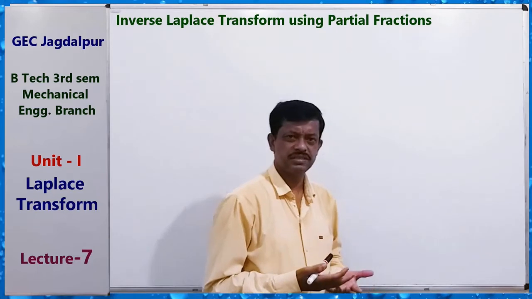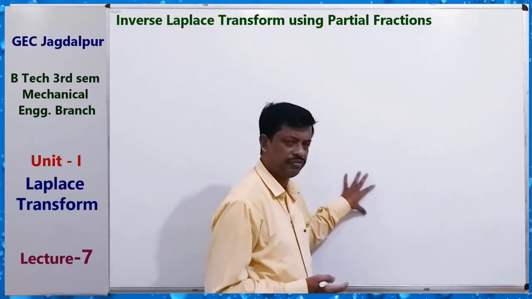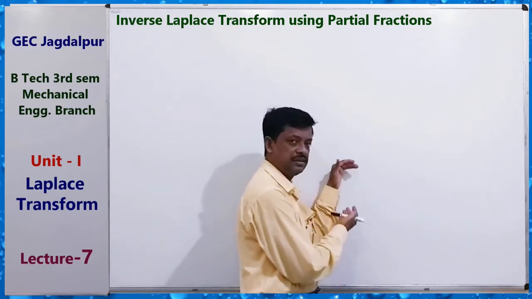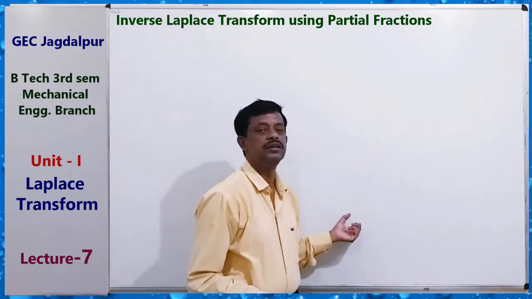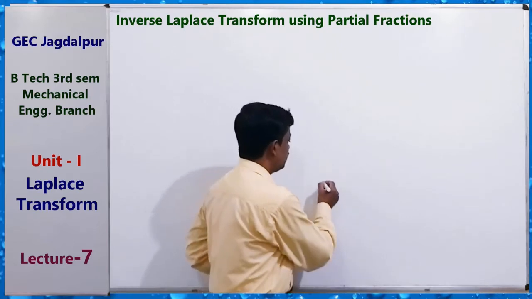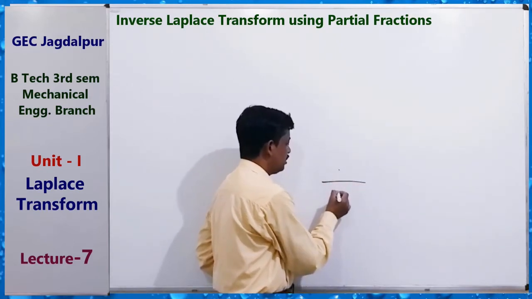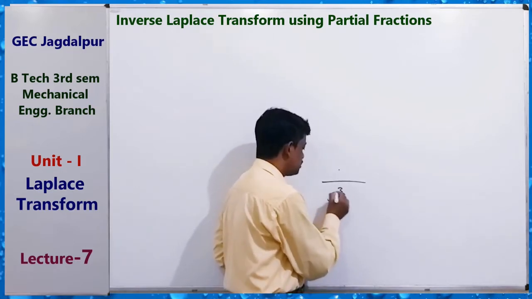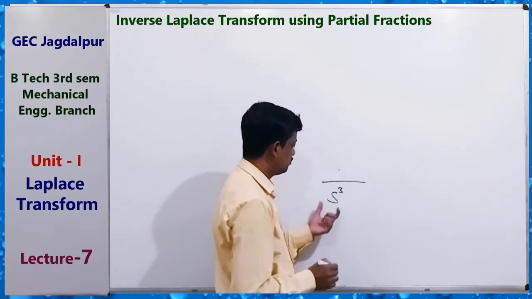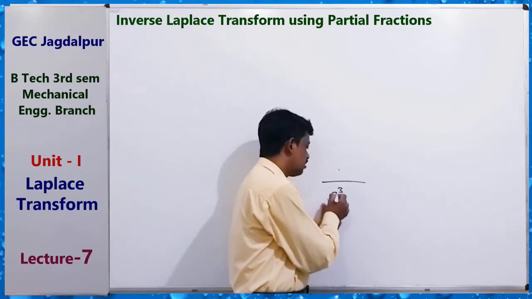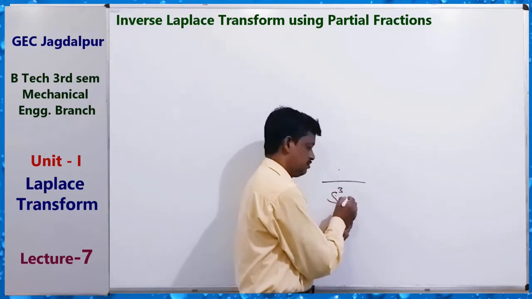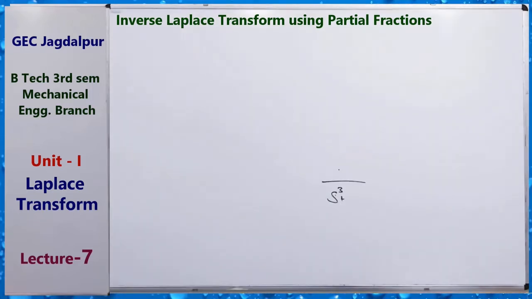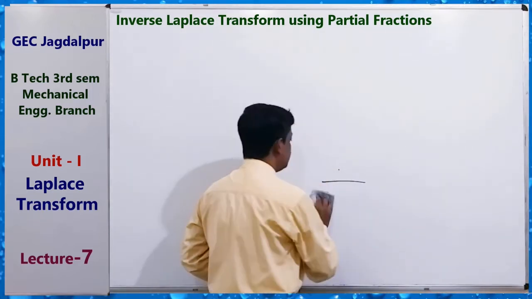Partial fraction means if we have a function of s as a rational function, there will be a numerator and a denominator. Both are functions of s, either s or linear factors.